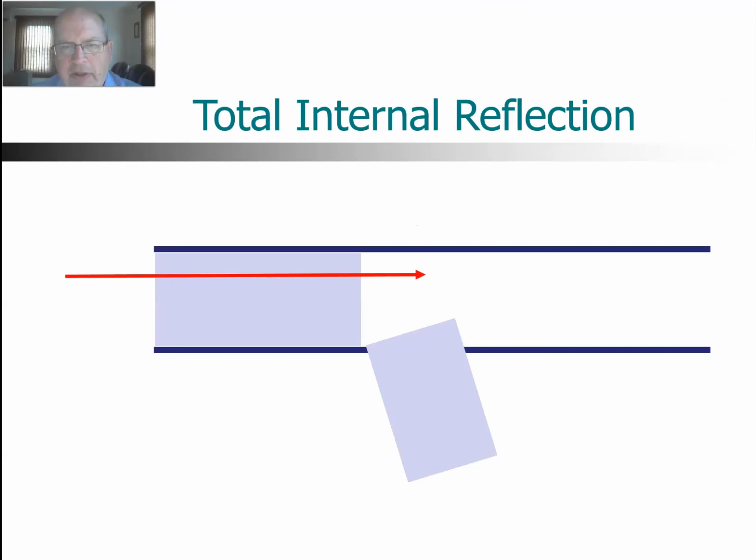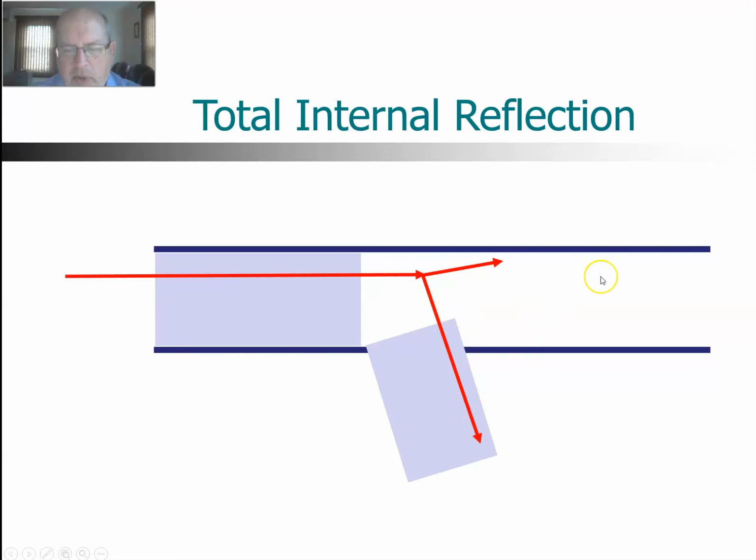So here is an illustration of that. The fiber is a little bit too sharp here, and you see some of the light escapes out the side. I don't have a real good illustration here, but right in here, if you bend this, you can kind of break the fiber, but even if you didn't break it, some of the light would escape out of the fiber and only some would continue down.